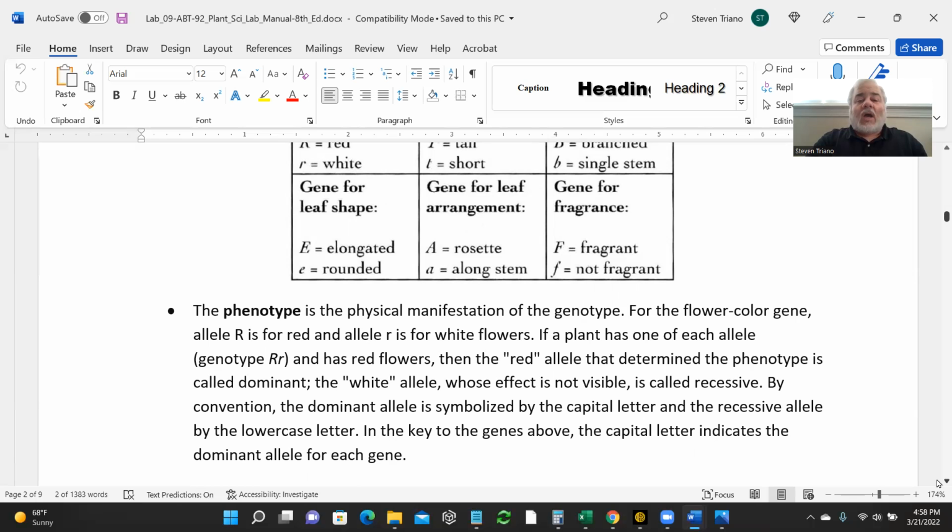But he had this idea that you are getting one piece of information from mom and one piece of information from dad somehow, and they were coming through in the children as phenotypes, what you actually see.